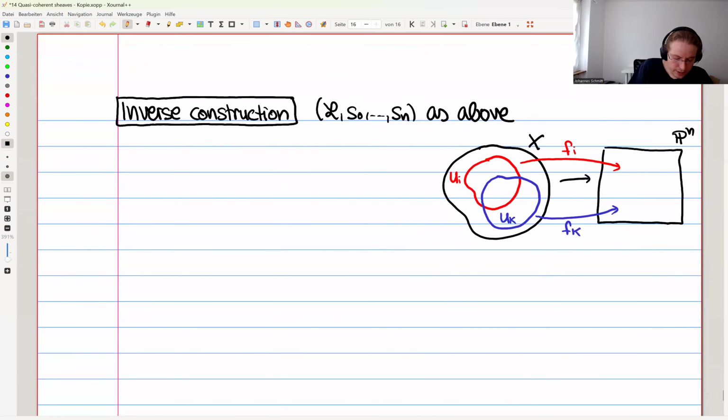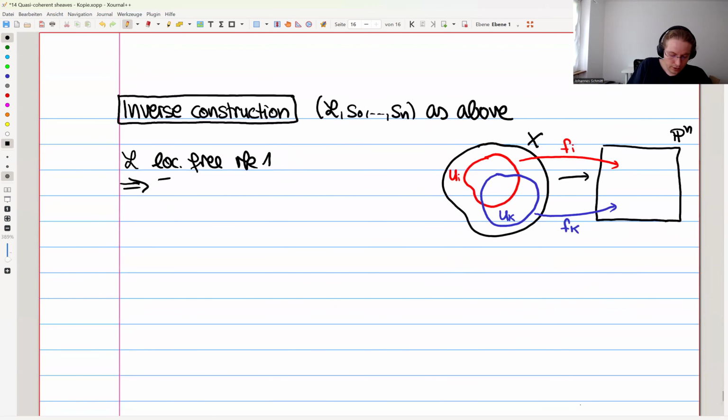And so since L is locally free of rank 1, it follows that we can find a trivialization. So on some cover of X, depicted here, these things are actually trivial.